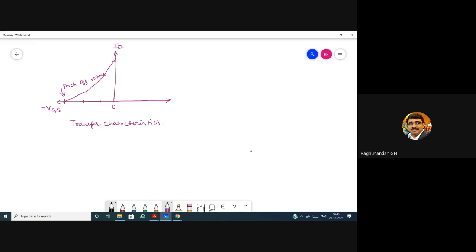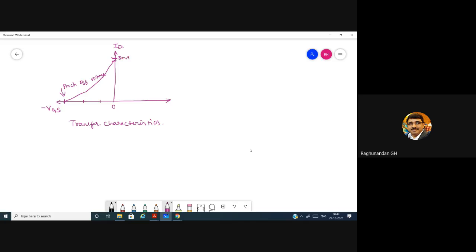Listen to my question. In JFET, we were using the PN junction or the gate voltage to increase or decrease the depletion region such that the current can increase or decrease. But the current can increase to the maximum extent of ID. That is maximum 8 milliampere or something.